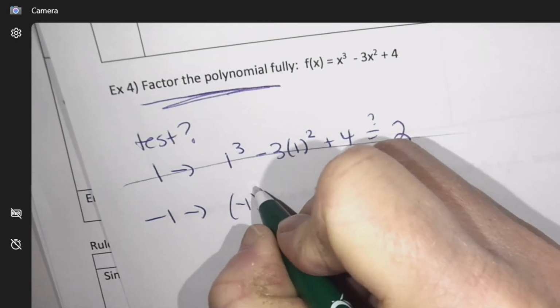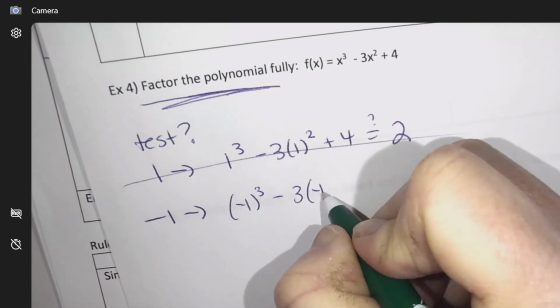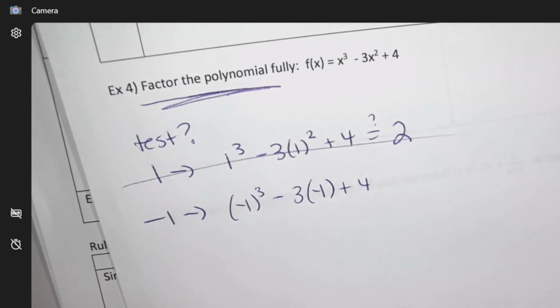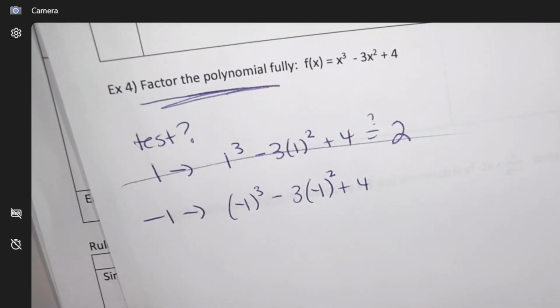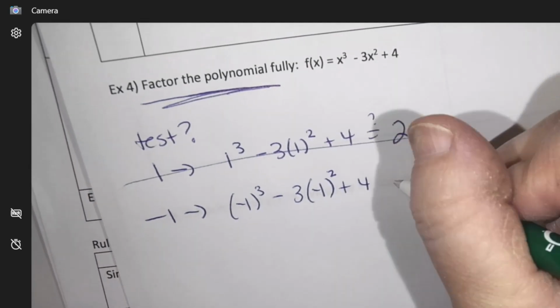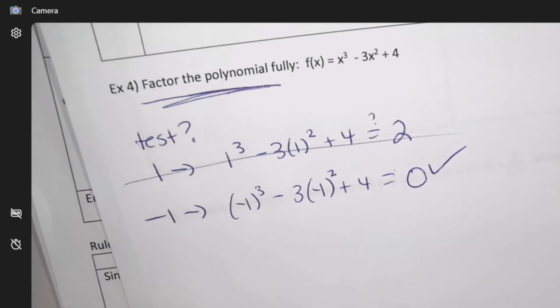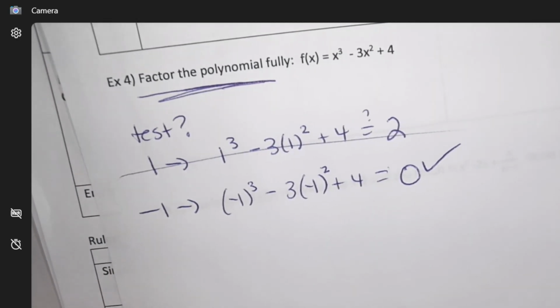So what is negative 1 cubed minus 3 times negative 1 squared plus 4? This time I got 0.